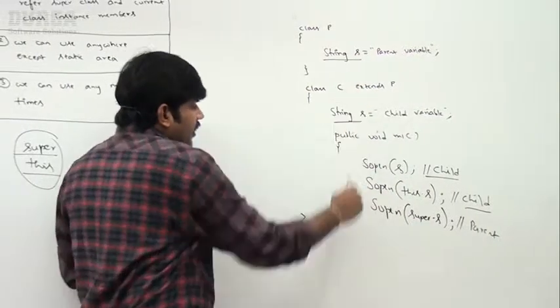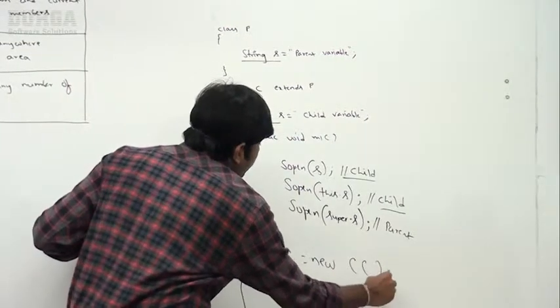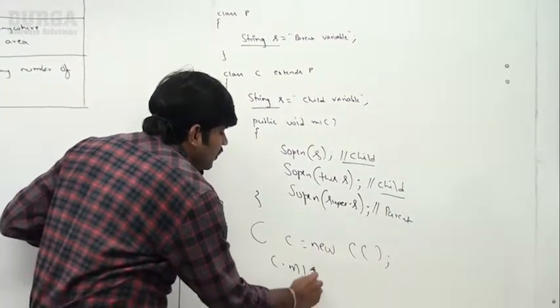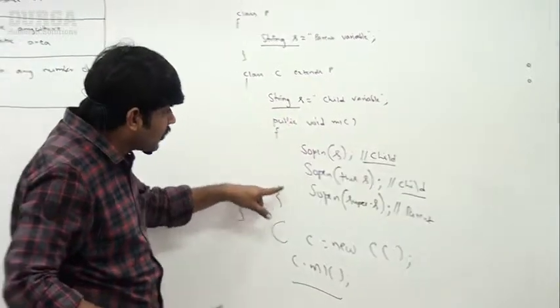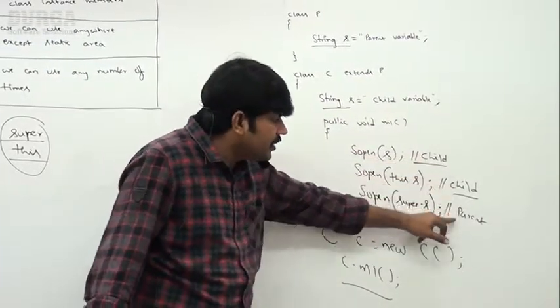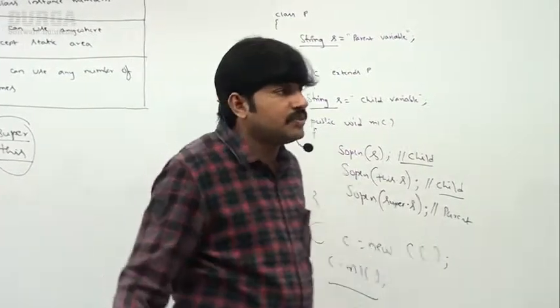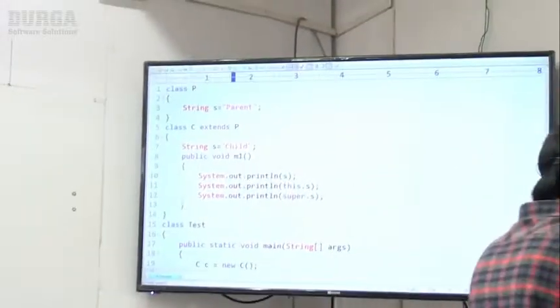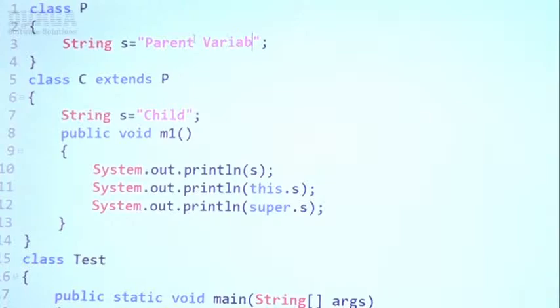Now create a child class object: Child c = new Child(), and call c.m1(). Now this m1 is going to execute. Child and parent will come. Let me execute this code. Observe carefully: here I took String s equal to parent variable.